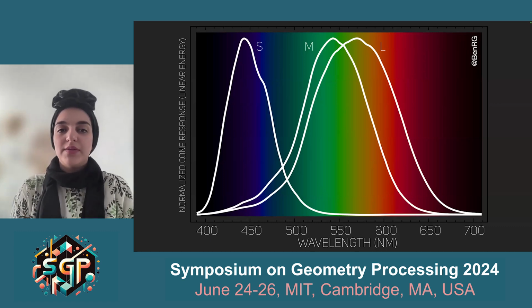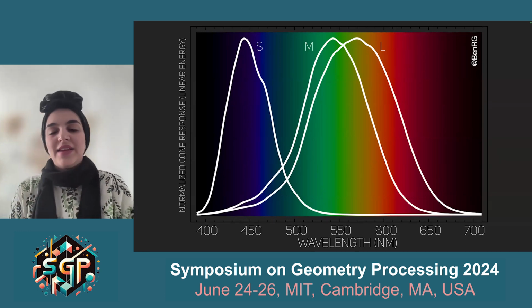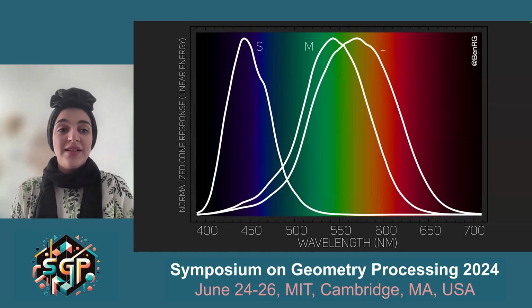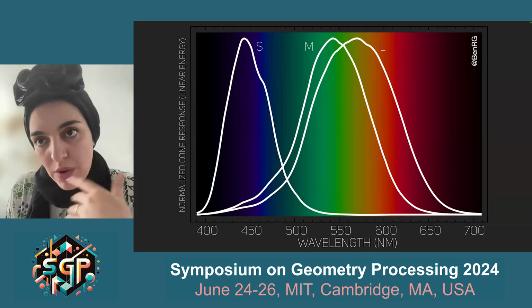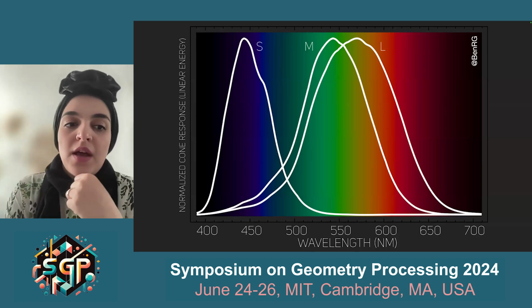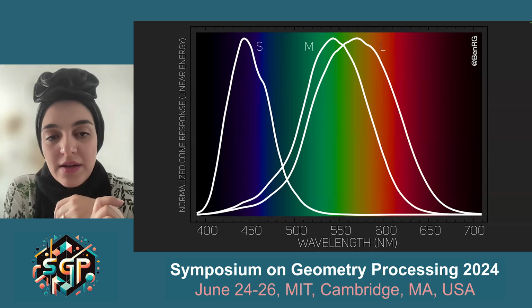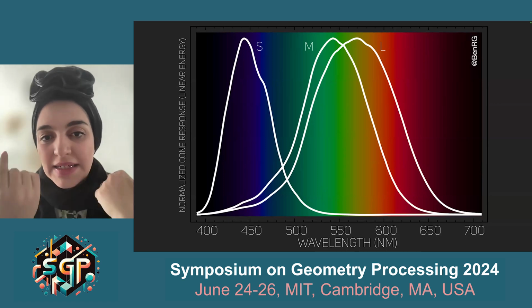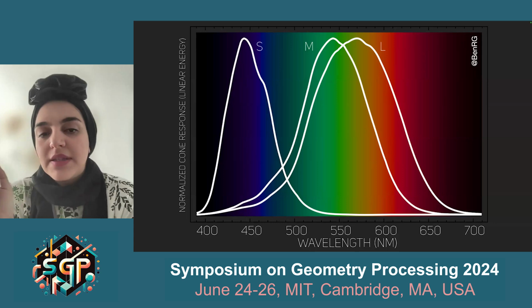One thing you may notice is that the curves aren't labeled as red, green, and blue. They are S, M, and L, which is short for short, medium, and long wave responses. This relates to the wavelength ranges that our cells detect, rather than the color specifically.